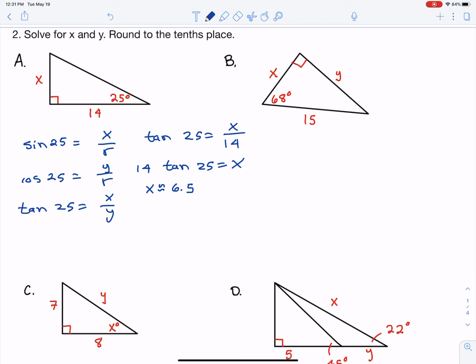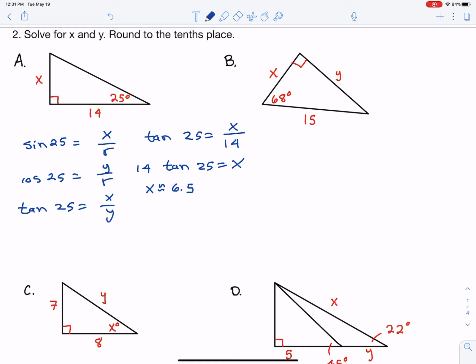So next one, what do we have? Well, I think you'd agree we have the opposite side and we have the hypotenuse. So which trigonometric function involves the opposite side and the hypotenuse? Oh, sine, right? That's opposite over hypotenuse.